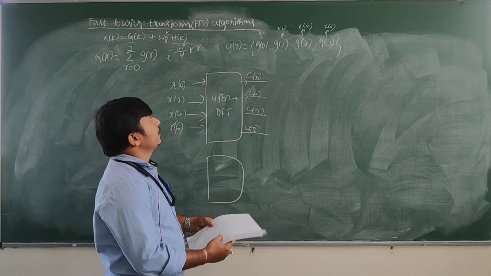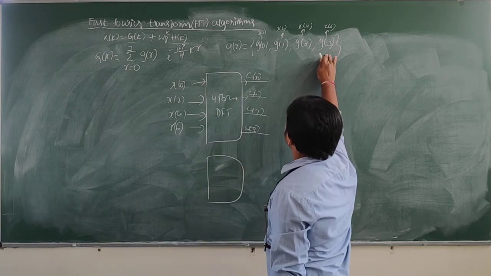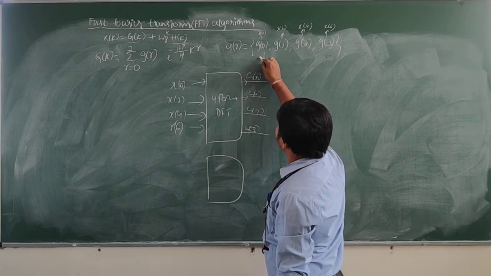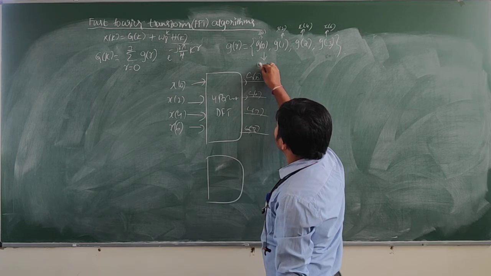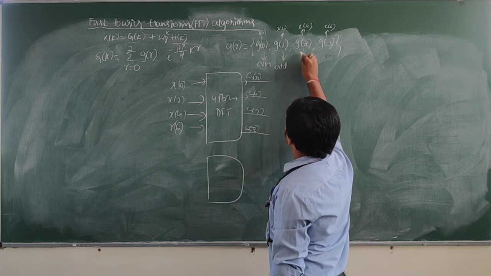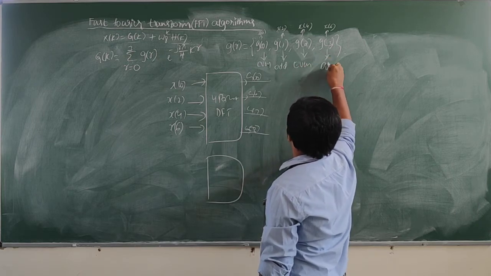Now again split this sequence from 0 to 3 into an even sequence and an odd sequence. So g of 0 is even, g of 1 is odd, g of 2 is even, g of 3 is odd.